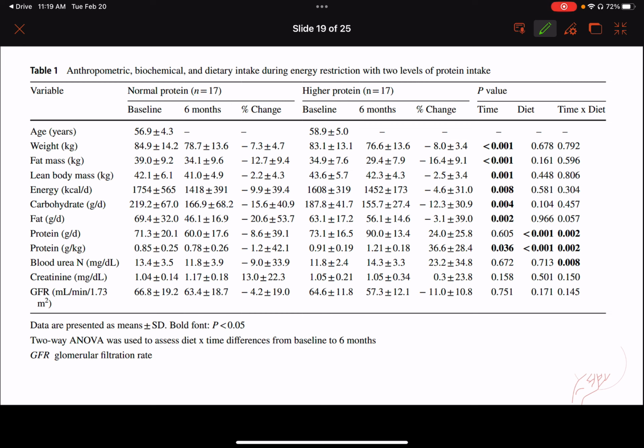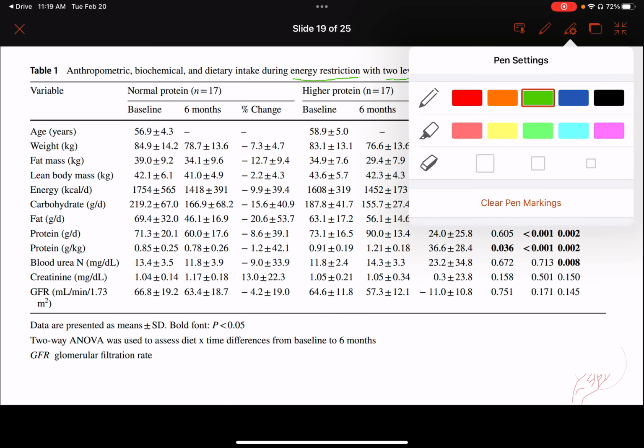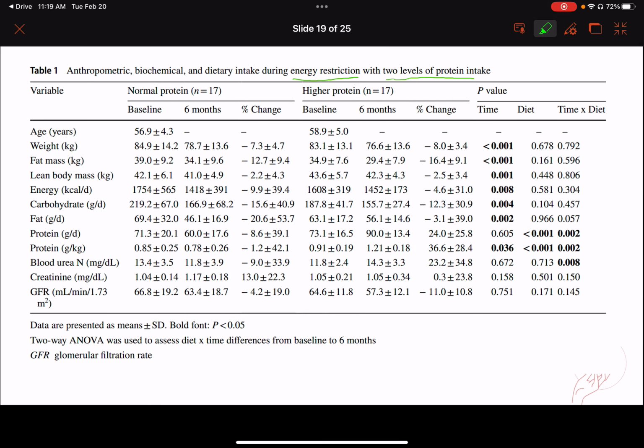So here we have a table showing anthropometric, biochemical, and dietary intake during an energy restriction with 2 levels of protein intake. We have normal protein, higher protein, and then this is the comparison. This also took place at baseline and 6 months. So let's look at what is significantly different between time and diet, because that's the most important.